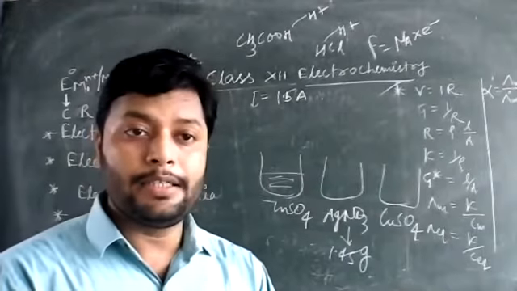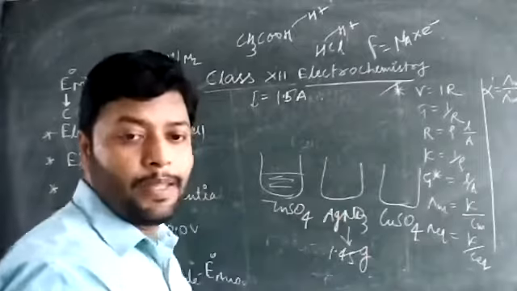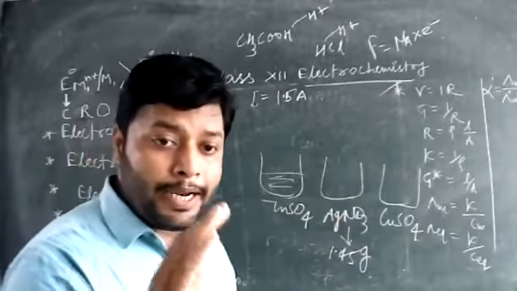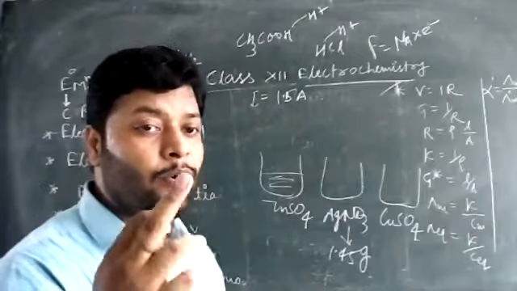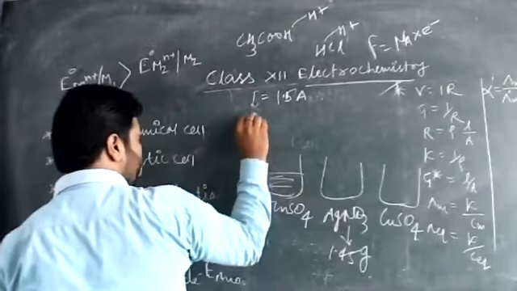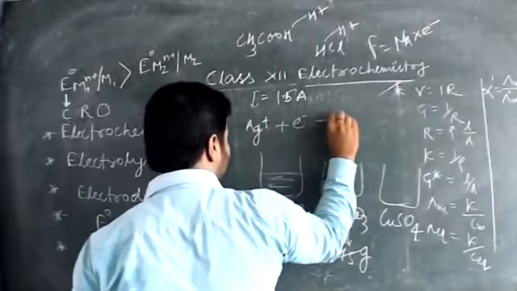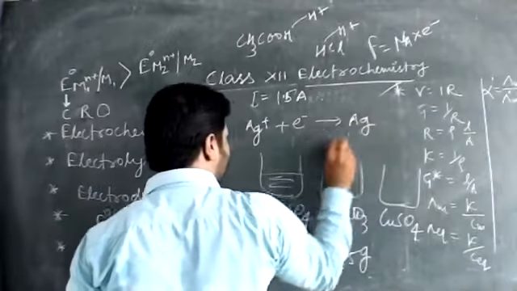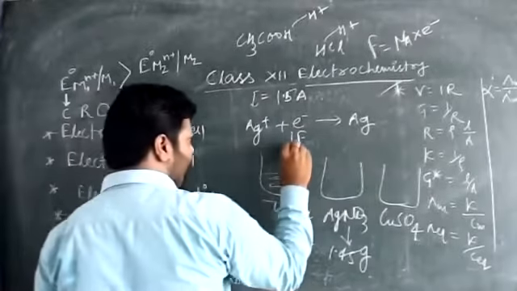So let's calculate first for silver nitrate the amount of charge required to deposit 1.45 gram of silver. For silver nitrate, there is Ag+, which must accept one electron to deposit silver, so the amount of charge is 1 farad.